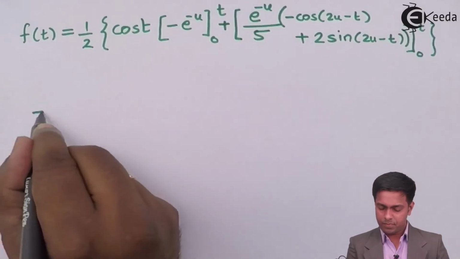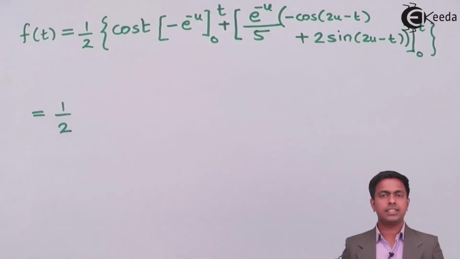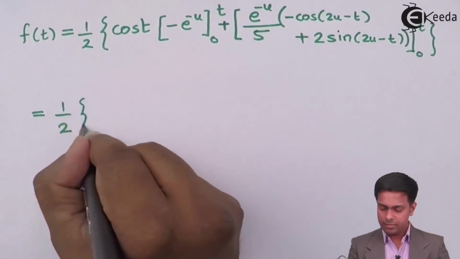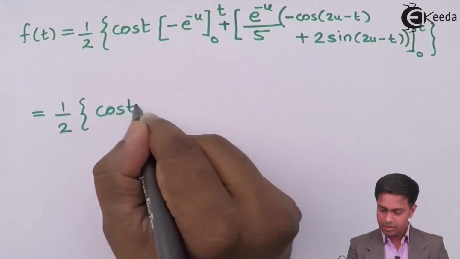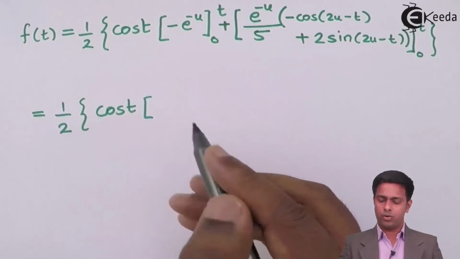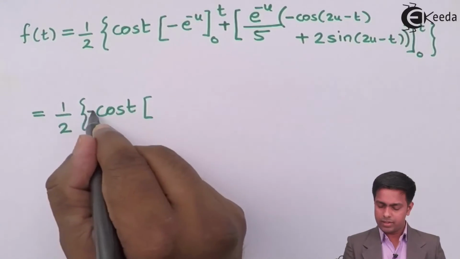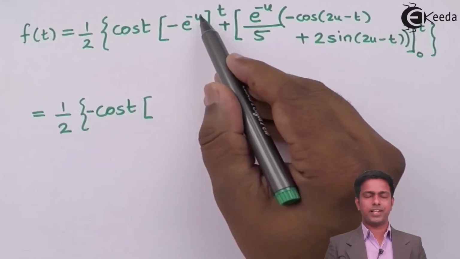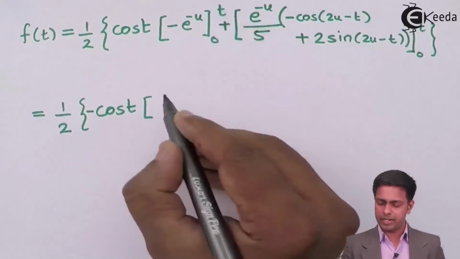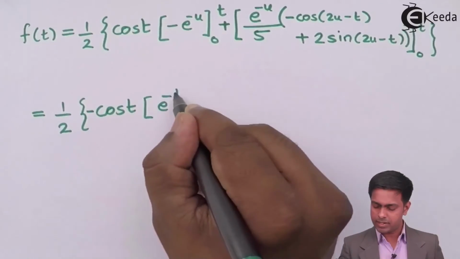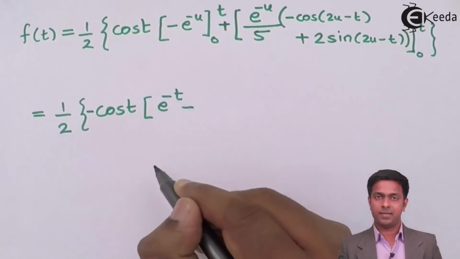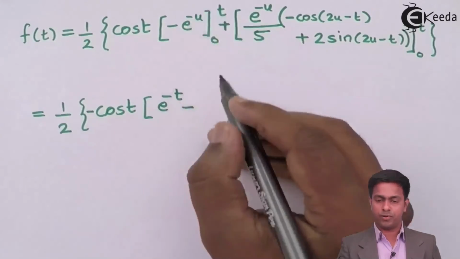So here half as it is, in bracket cos of t. Now I'll take this negative sign outside, so we will just get e to the power minus u in the bracket. Let's put the upper limit, that is t, so that will become e to the power minus t. Middle sign minus, let's put lower limit 0, so e to the power 0 is 1.